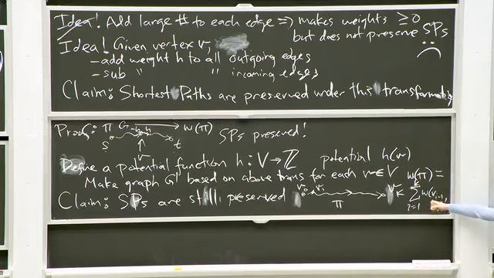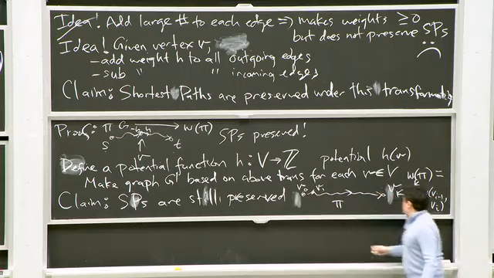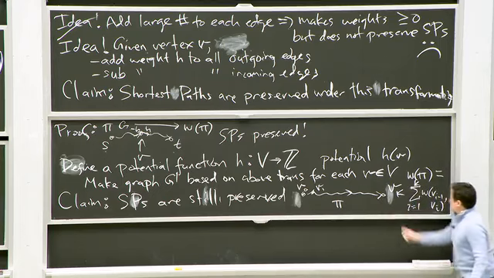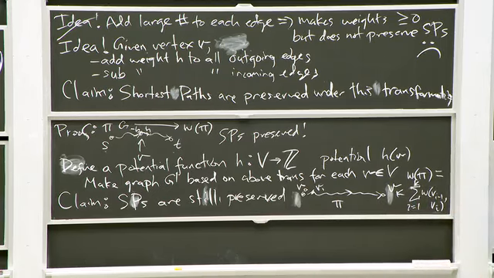This is poor notation. This is the weight of the edge from Vi minus 1 to Vi, right? And we've got my indexes from 1, that's the first edge, to K, which is the last edge. All right, so that's the weight of my path.